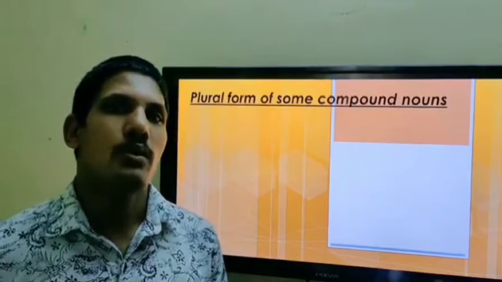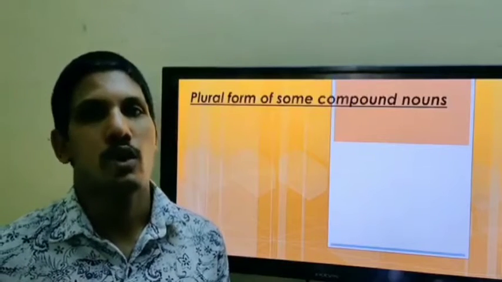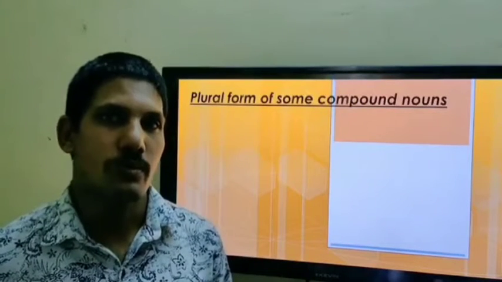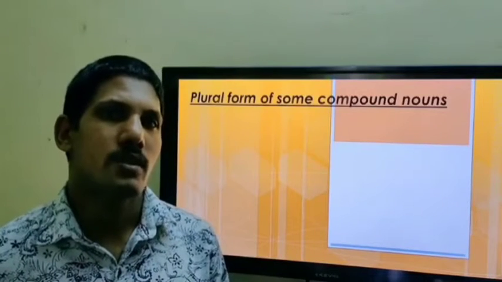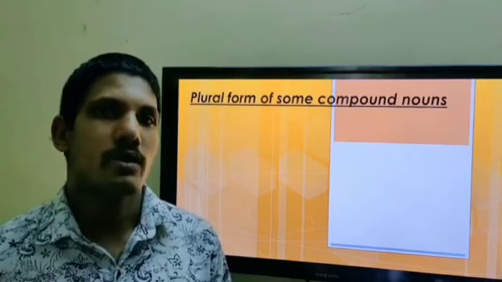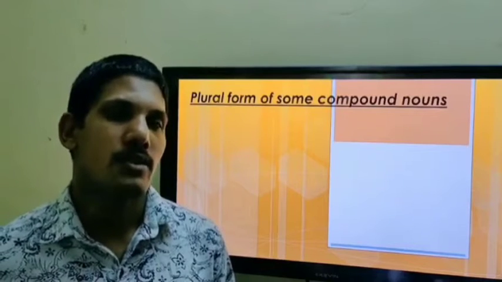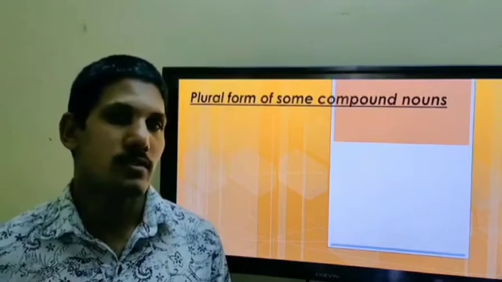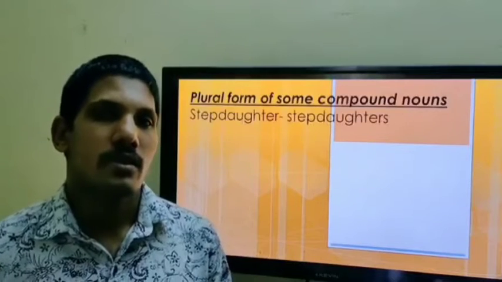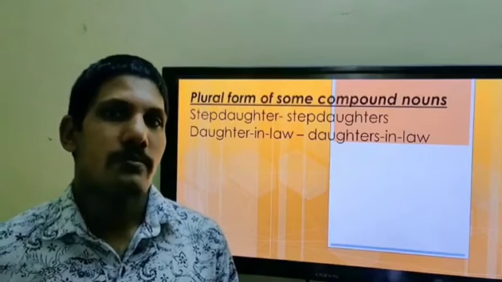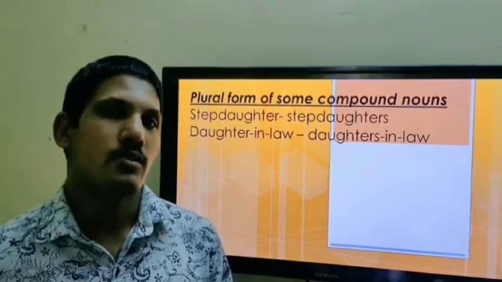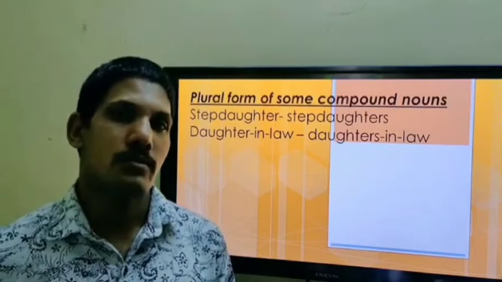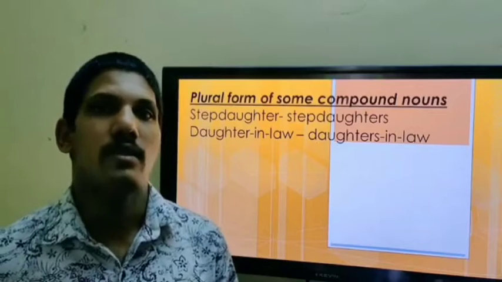Now we know there are some compound nouns too. What would happen to them? See these compound words and study the changes. Stepdaughter becomes stepdaughters, and daughter-in-law becomes daughters-in-law.